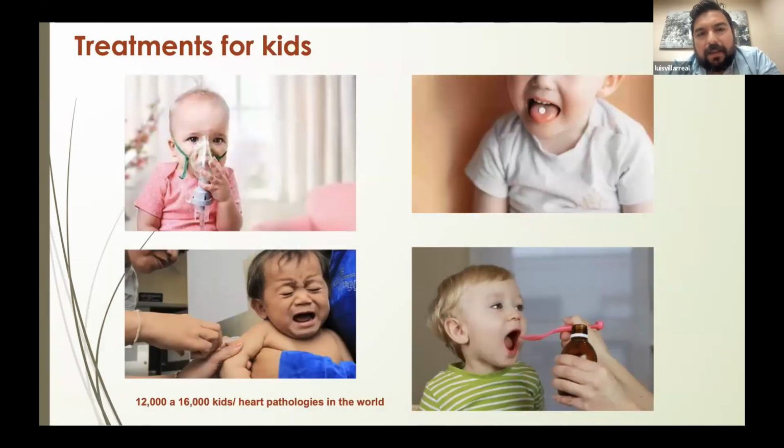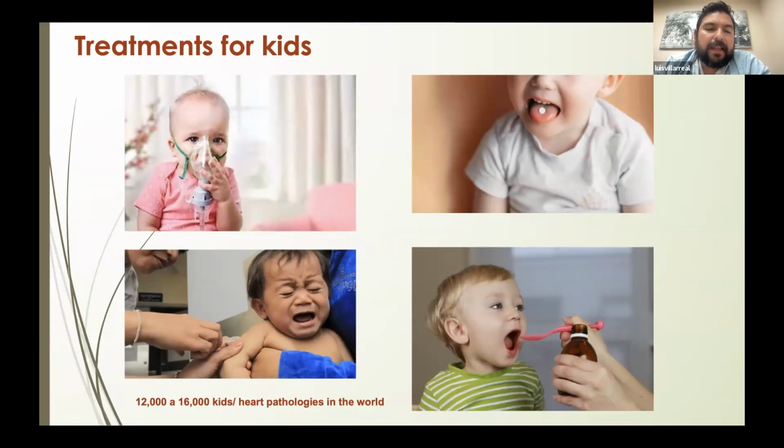I will show you after these slides how the electrospun fibers look like. But the idea is to use this technology to treat kids, because for kids, it's difficult to administer some pharmaceutical drugs. Kids always cry or move a lot, or try to avoid injections.